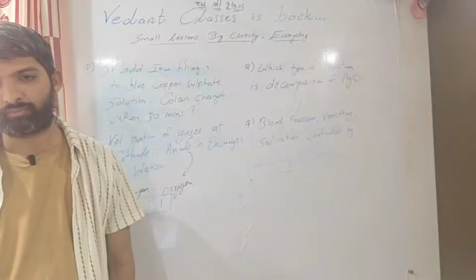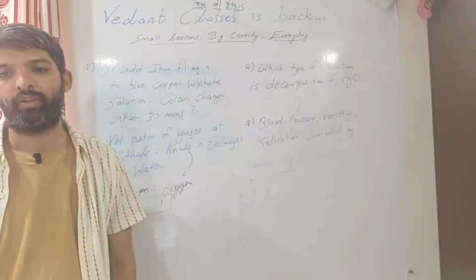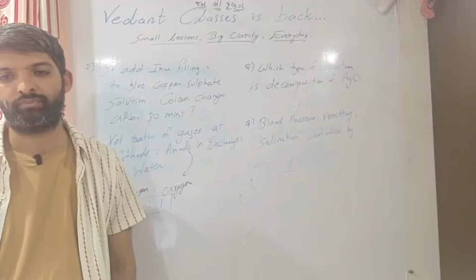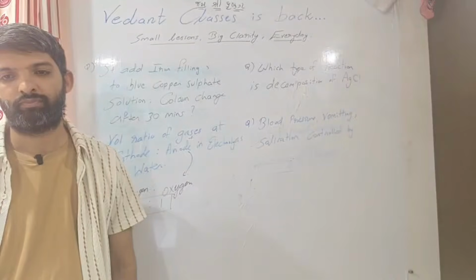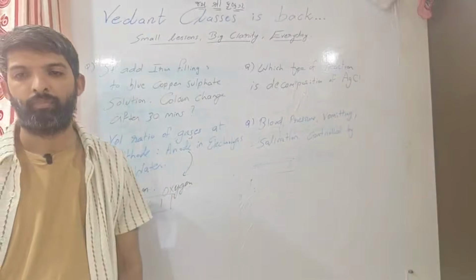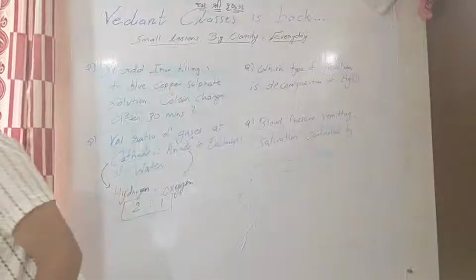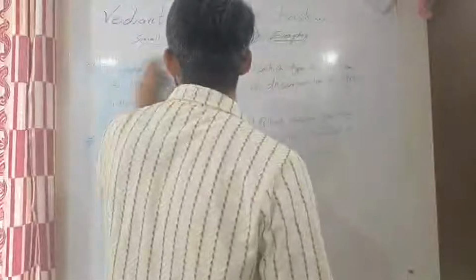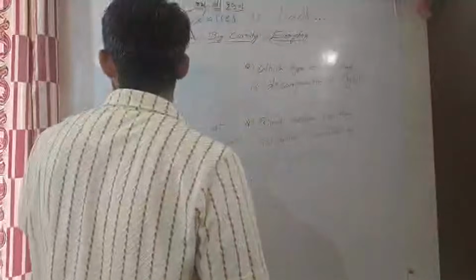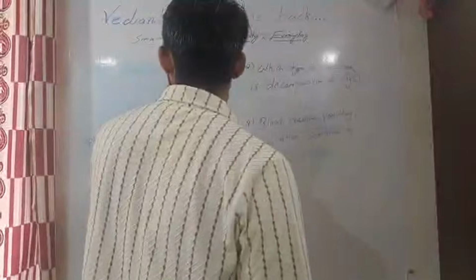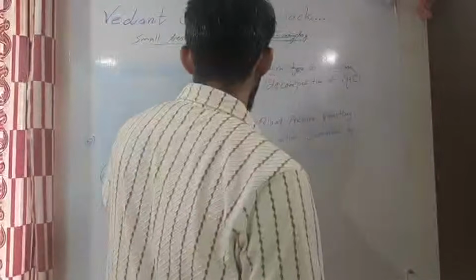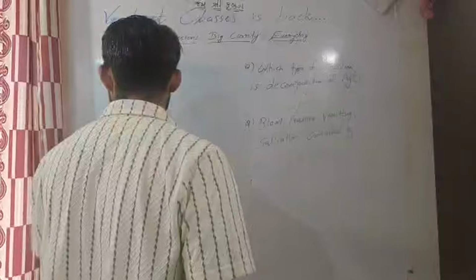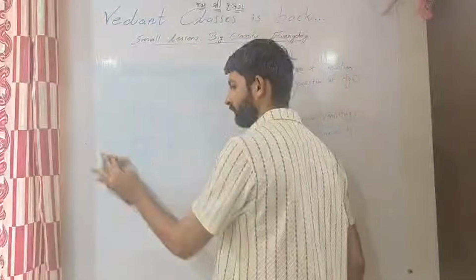Medulla. Everyone saying medulla. Medulla is the right answer. Medulla oblongata, you can say. Medulla is the correct answer. Very good. Let's see the next question.